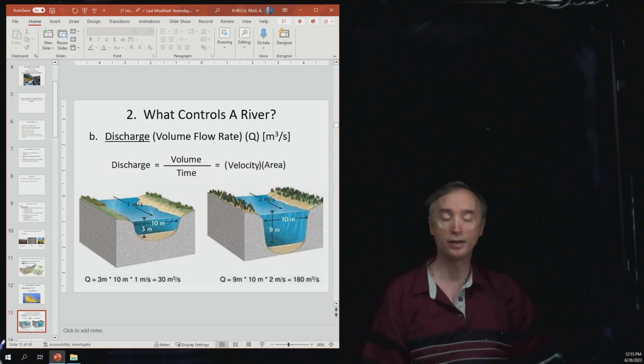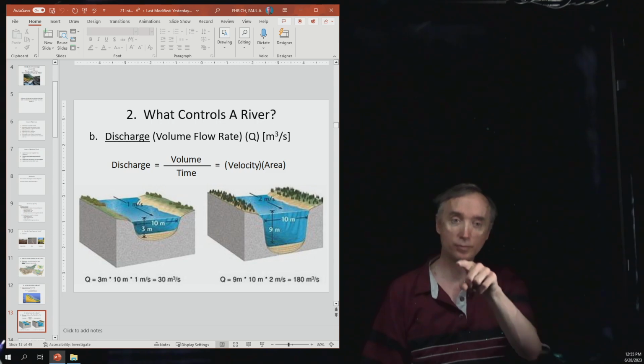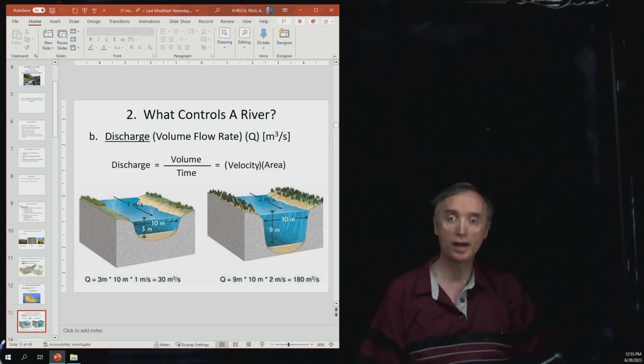Another way of calculating the discharge rate is by knowing the velocity of the river and also the cross-sectional area of the river. Down below there, it shows you how to calculate the discharge for 2 particular rivers, so you should be able to do that on the exam.